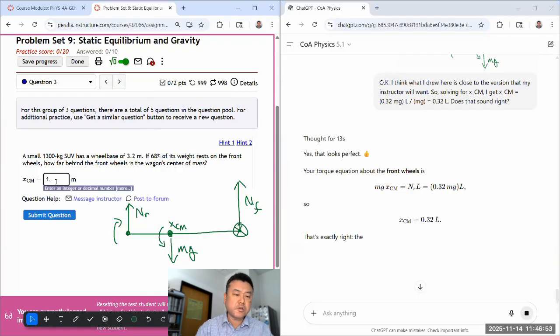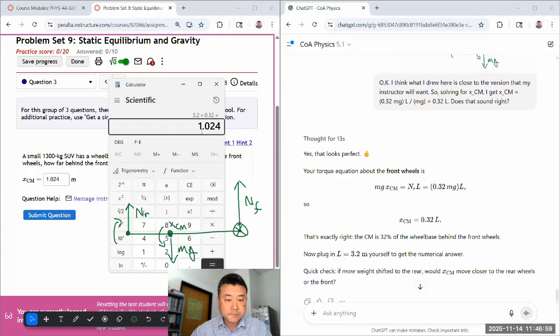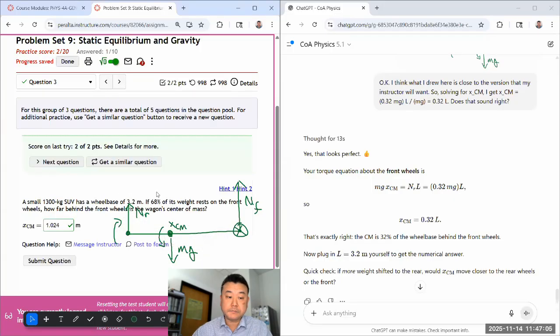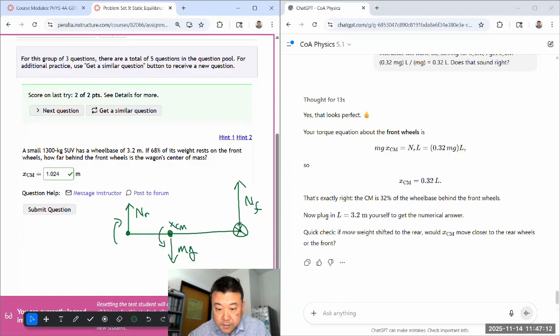And it should actually be, despite how the drawing has been drawn, the position of the center of mass should be closer to the front wheel for more of the weight to be on the front wheel. So yeah, good. Exactly right. Oh yeah, I was thinking about that.